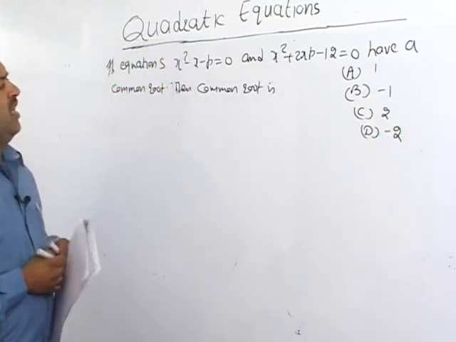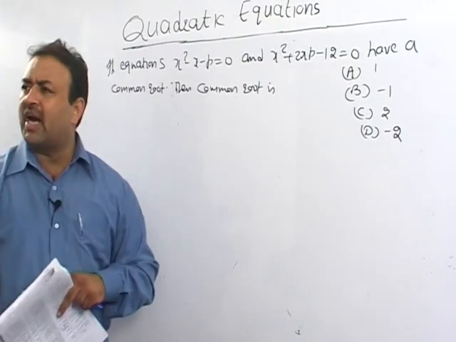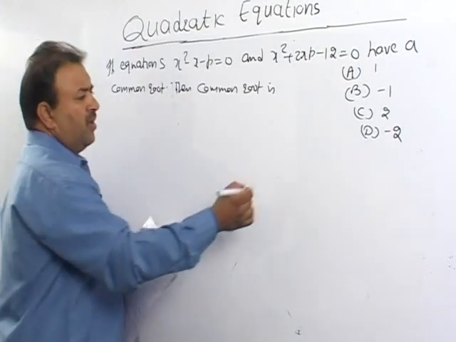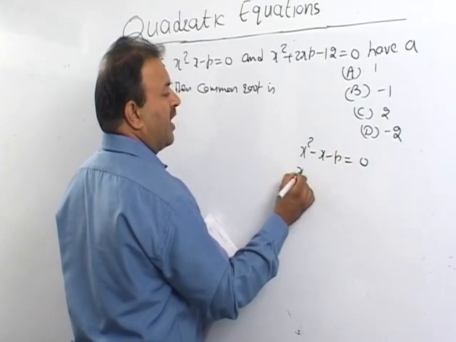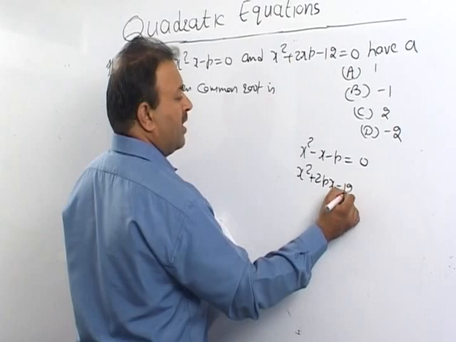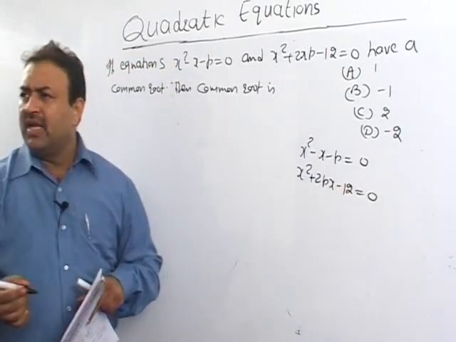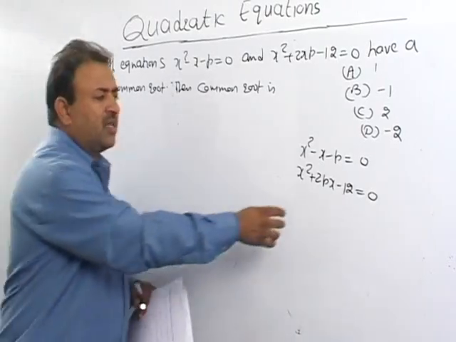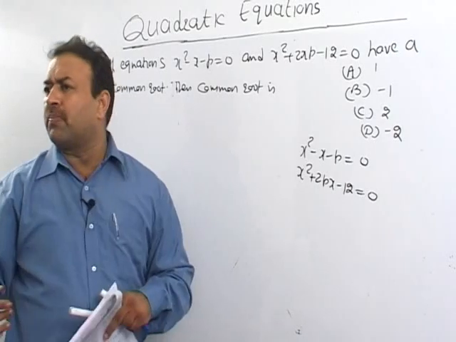See, if we get a question like this, our first priority will be to start from that very method also. See, x square minus x minus p is equal to 0. We write down another equation, it is x square plus 2px minus 12 is equal to 0. We start with the same method. See, if this idea works out it is fine, but sometimes this equation really becomes a little lengthy, so we got a problem.